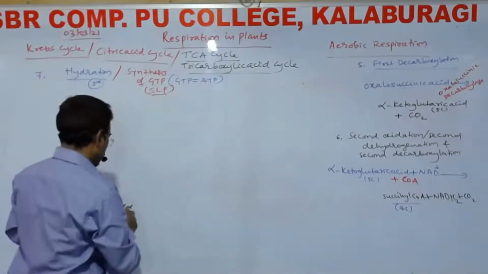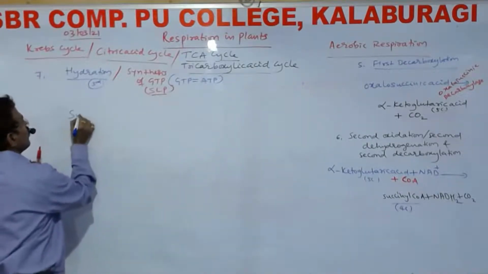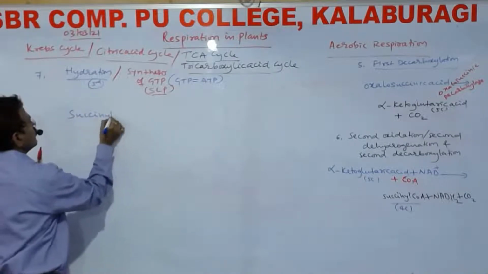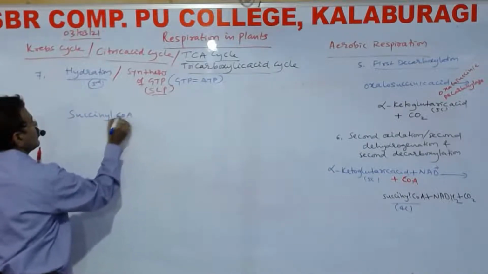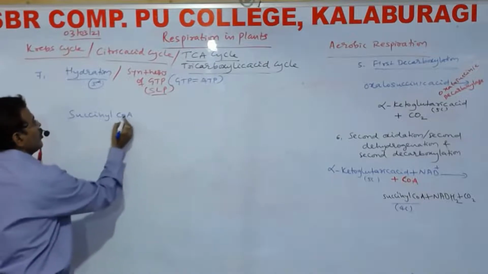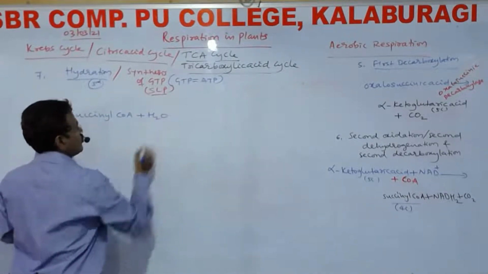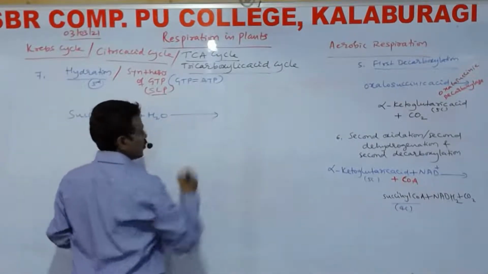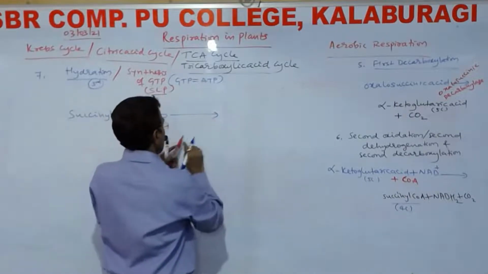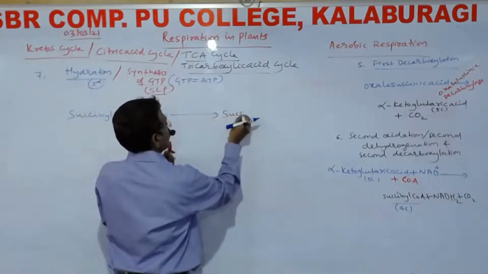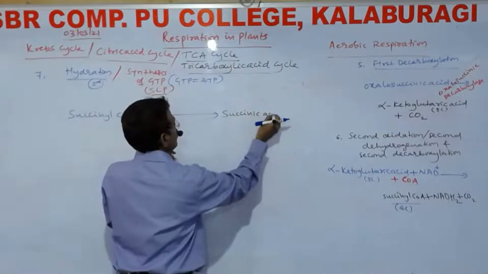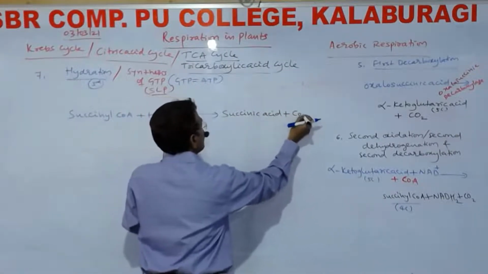So now we have this succinyl coenzyme A. With water, it results in the formation of succinic acid. Coenzyme A gets separated.